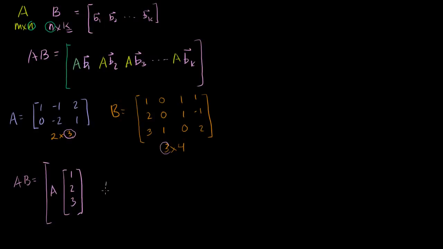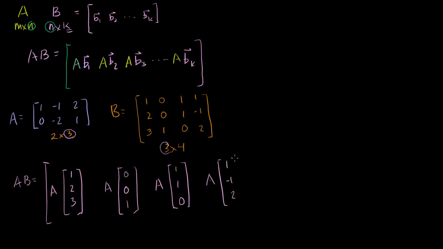Then the second one is going to be the matrix A times the column 0, 0, 1. The third column is going to be the matrix A times the column vector 1, 1, 0. And then the fourth column in our product matrix is going to be the matrix A times the column vector 1, minus 1, 2.